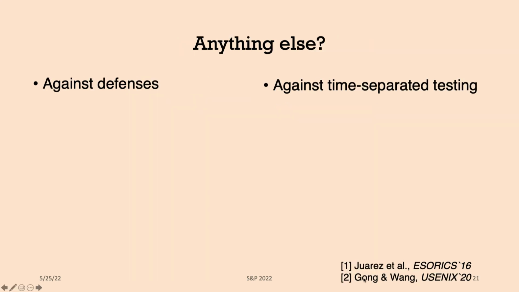And anything else? Yeah, we explored a variety of experimental scenarios, but here I only introduced two experiments. We further evaluated DeepCoFFEA against defenses, including Pluggable Transports for Tor and website fingerprinting defenses, including WTF-PAD and FRONT.